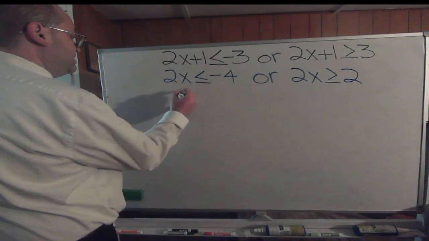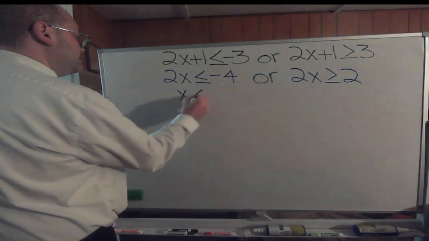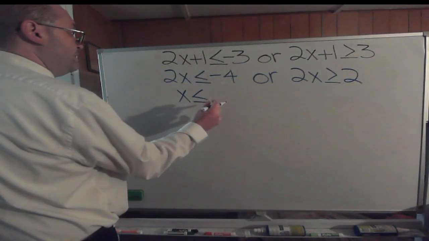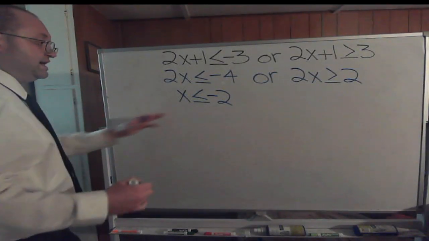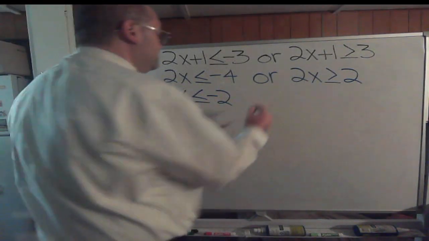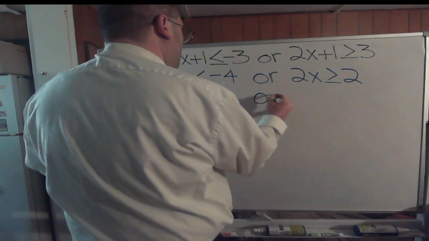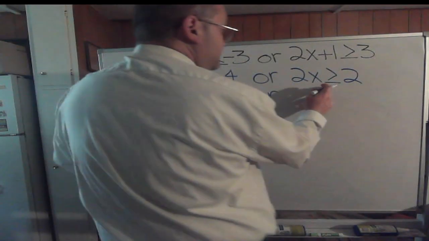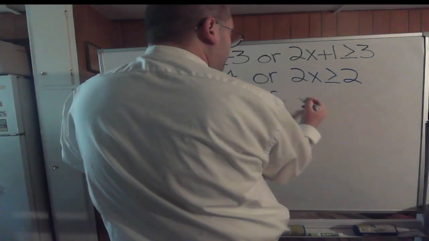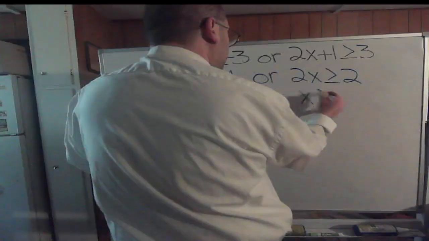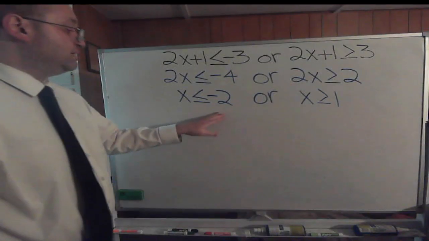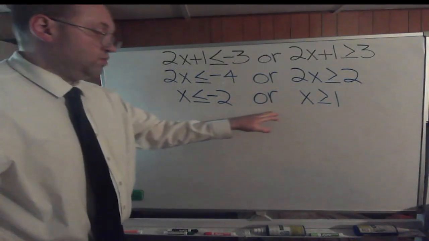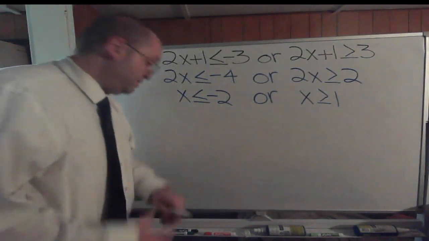You get x is less than or equal to negative 4 divided by 2, which gives you negative 2, or x is greater than or equal to 1. So your solution is x is less than or equal to negative 2, or x is greater than or equal to 1.